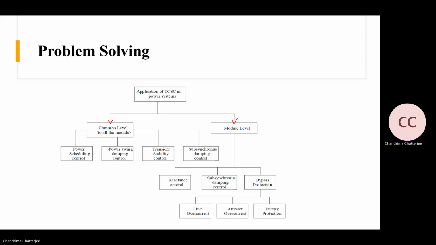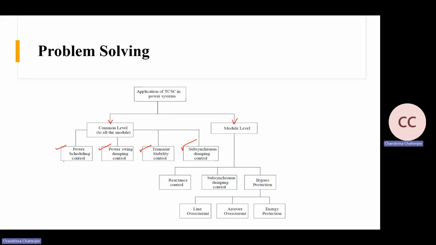Common level means this is done to all the TCSC modules. By common level control, we do power scheduling control, power swing damping control, transient stability control, and subsynchronous damping control.